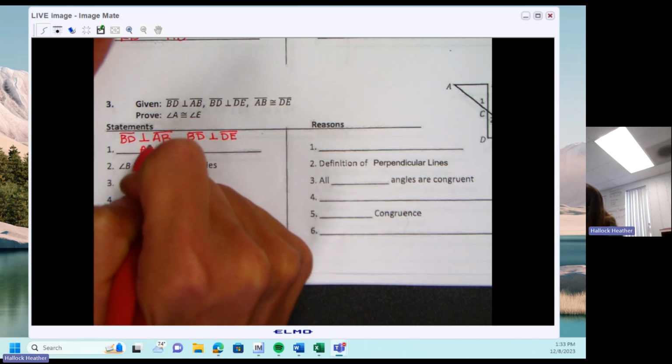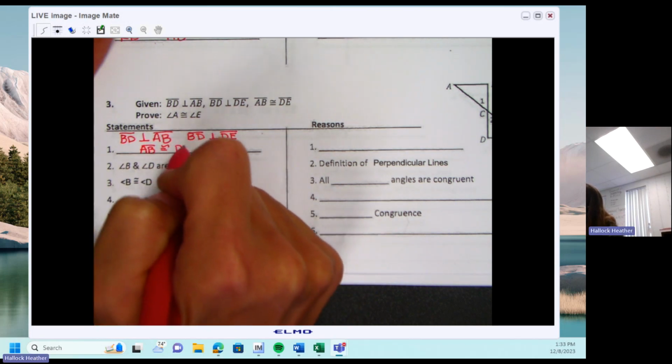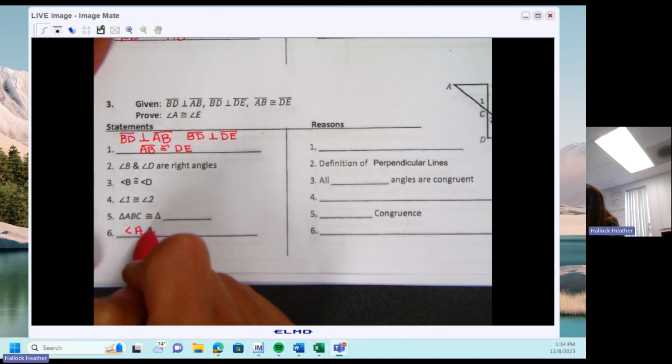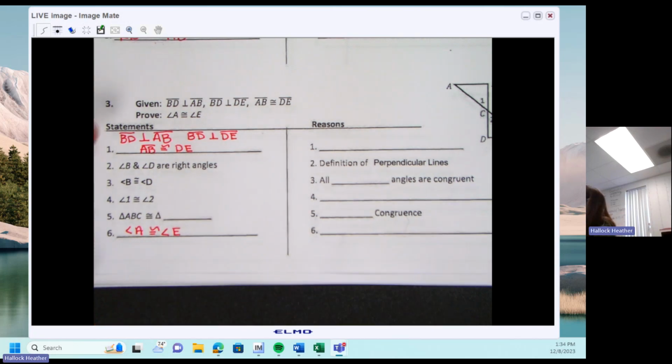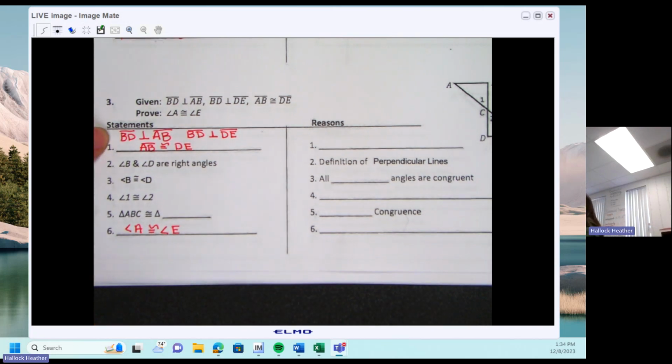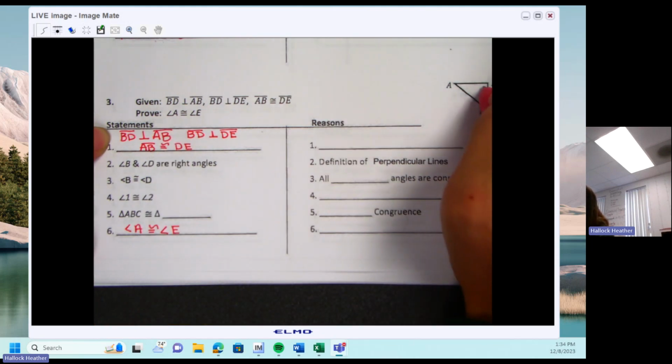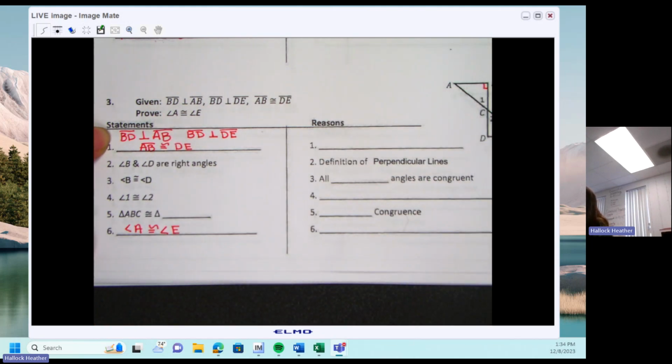AB is congruent to DE. And then you can also put this down here. I'm trying to prove that this is congruent to this. If it is perpendicular, perpendicular means that it makes what degree angle? 90. I'm going to add that to my picture. Since BD is perpendicular to AB, this is a 90-degree angle.